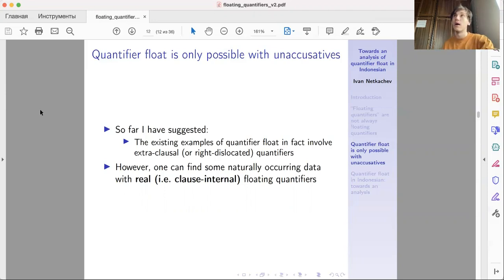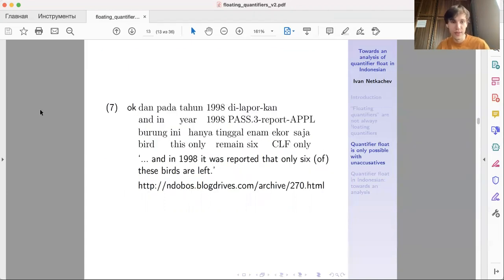However, one can indeed find true floating quantifiers in Indonesian. And now we will see naturally occurring data with real floating quantifiers. Let us consider the example in 7.